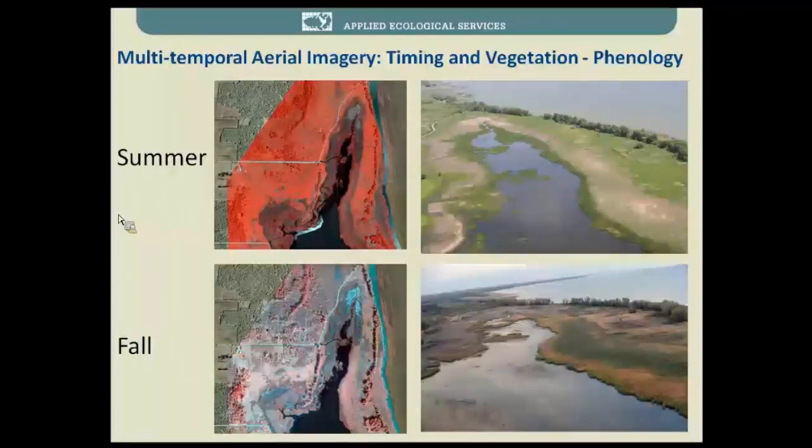So understanding those temporal relationships, which we learned about by using multi-temporal imagery, was really critical to understand the timing for both detection and mapping, and even more importantly, the timing for treatment. And even more importantly, understanding the timing for effective monitoring.